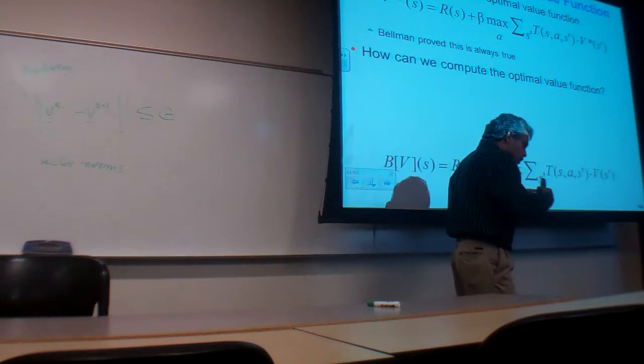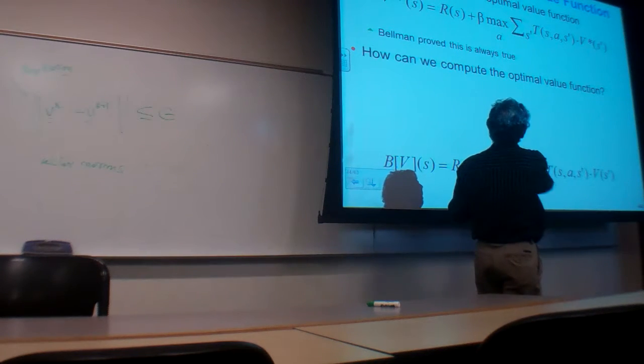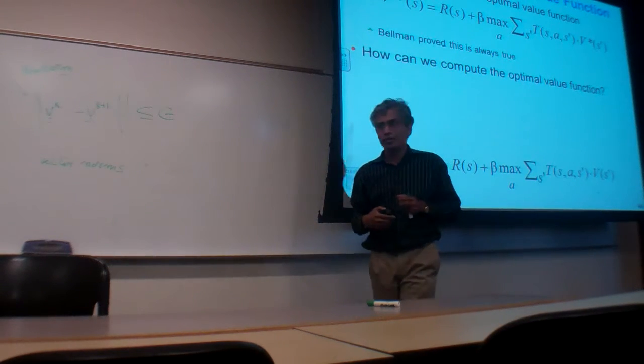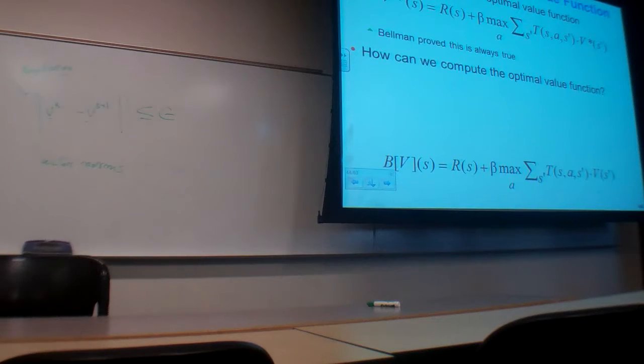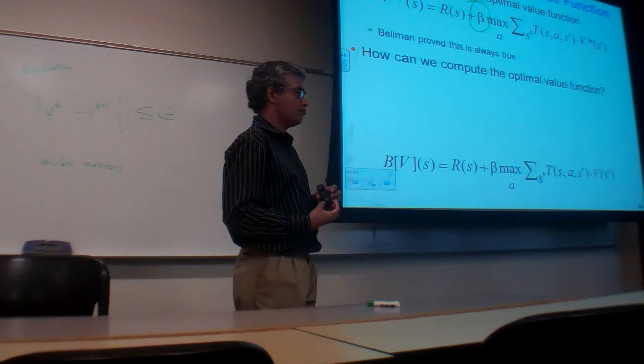And since that is the reward you get one step after this, that has to be multiplied by beta. That's the big part, the thing that you didn't have in the finite horizon case.